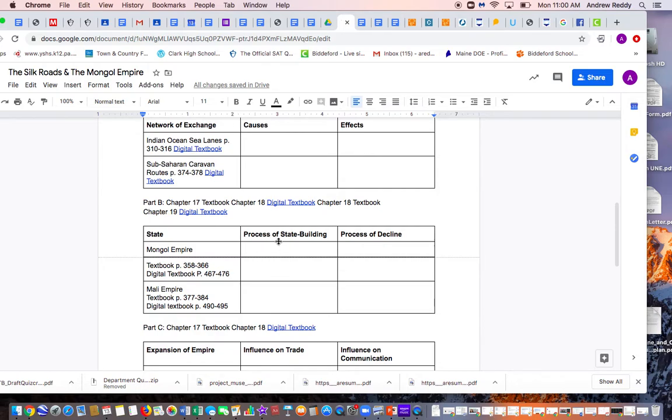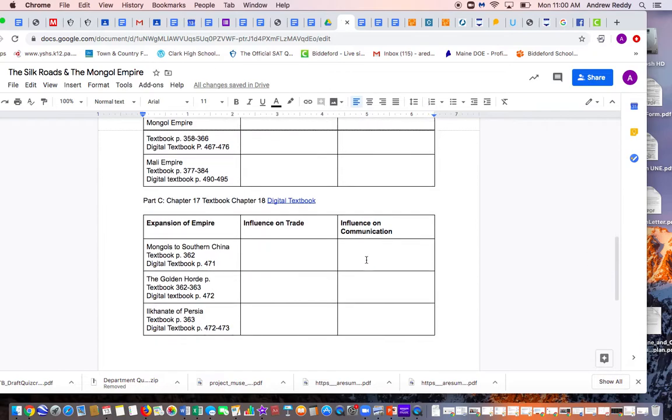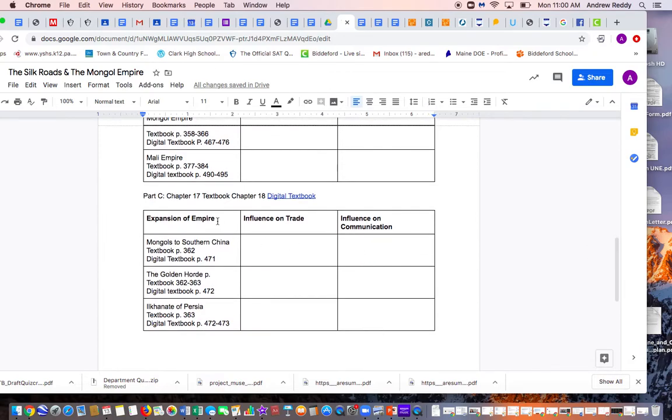I want you to talk about the process of how that empire began, how it was built into a state, and then the process of when it went into decline. And for Part C, you have three different empires and the expansion of those empires. And once those empires expanded, how did that expansion influence trade? And then how did it influence communication within and without or beyond each of these empires?